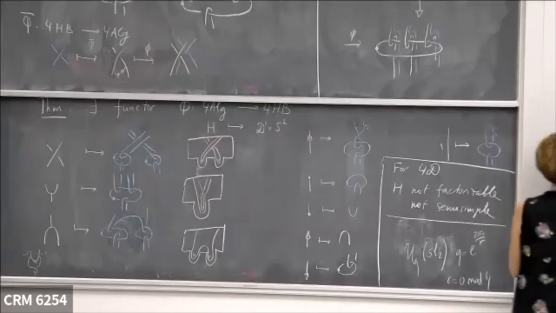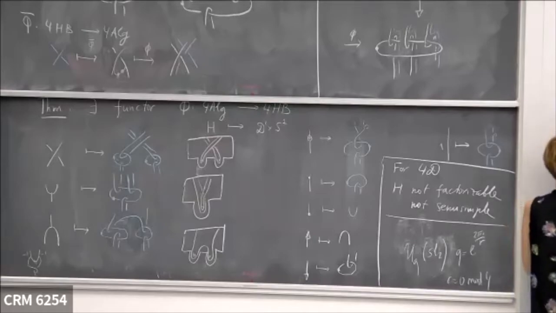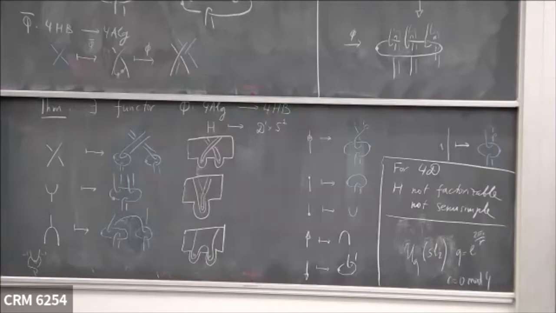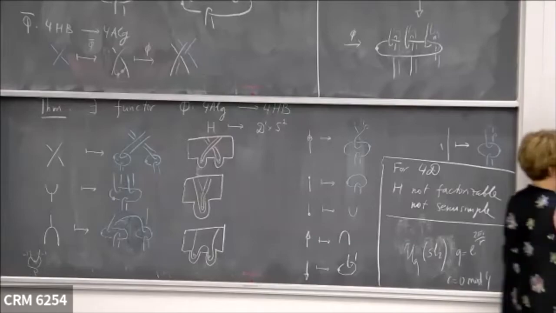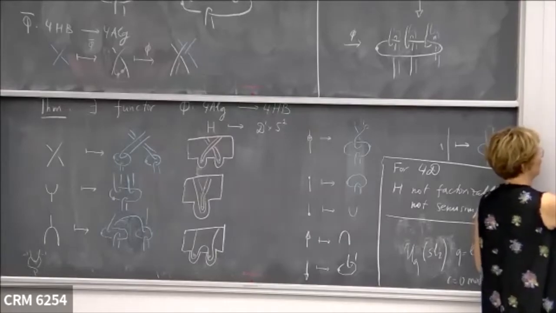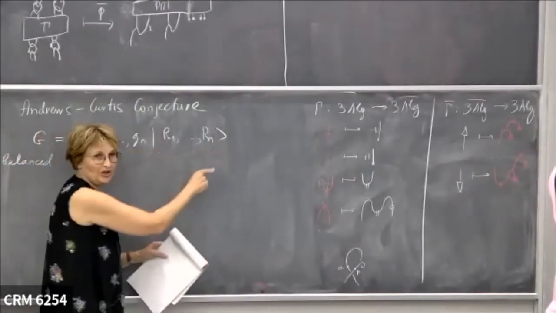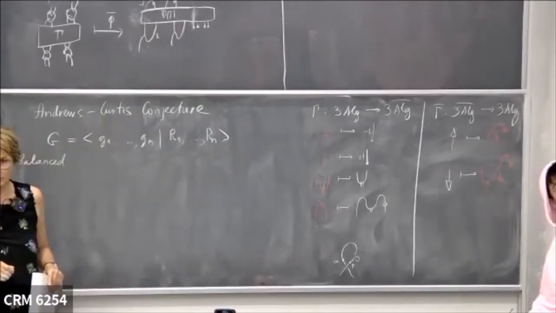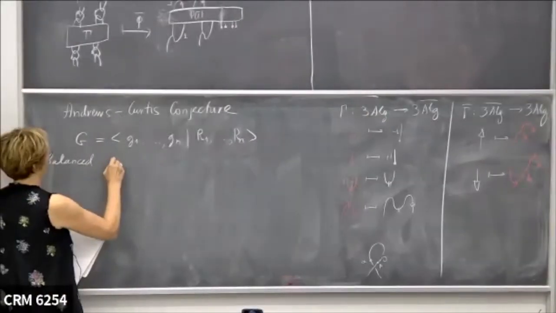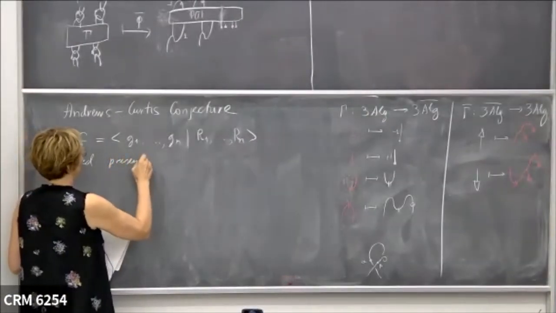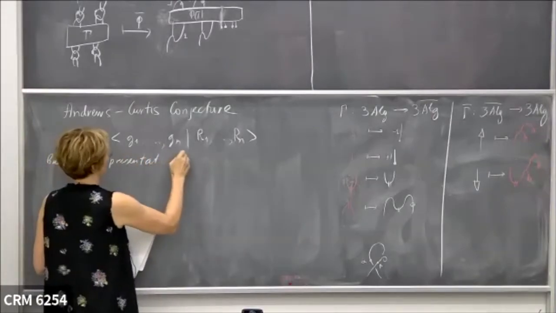Assume you have a group given by the generators G1 to Gn and relations R1 until Rn. This presentation is called balanced, because you have the same number of relations as generators. So it's a balanced presentation. And now assume that my group is trivial.